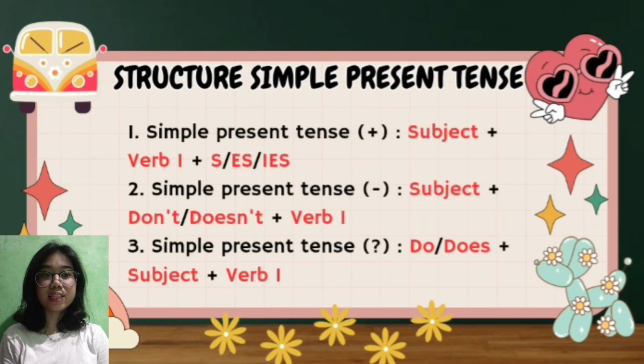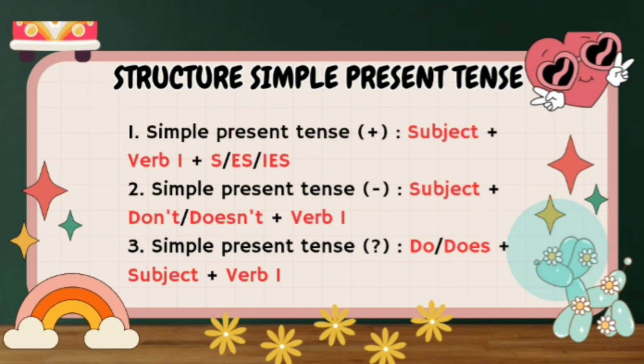Structure of simple present tense. 1. Subject, verb 1, s or es or ies. 2. Subject, don't or doesn't, verb 1. 3. Do or does, subject, verb 1.